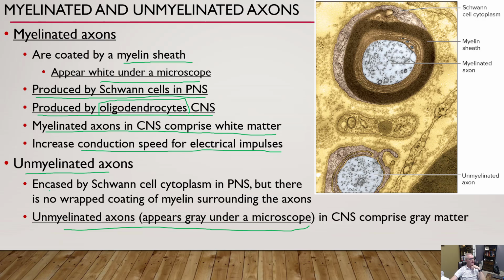So unmyelinated axons don't have any myelin surrounding those axons. So no myelin, gray matter appears gray under the microscope.